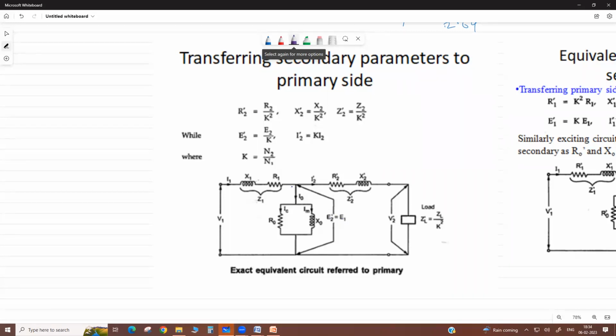Okay, because across this branch it is E1, and E2 dash equals E1. Here V1, then I1, X1, R1 are the primary side leakage reactance and resistance. Okay, this is I2 dash, X2 dash, R2 dash, then E2 dash, V2 dash, ZL, the load impedance.